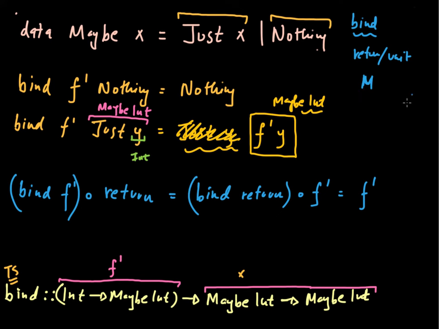But a tuple of these three entities is what defines a monad. And then you have these laws that must be fulfilled when you provide an implementation of the bind and the unit method.